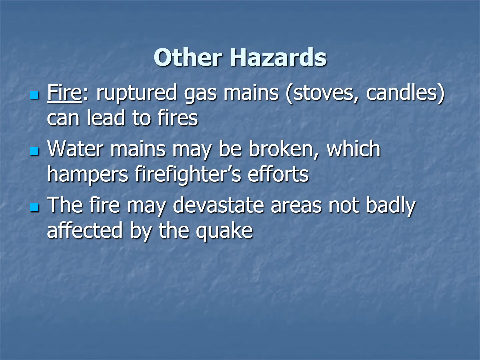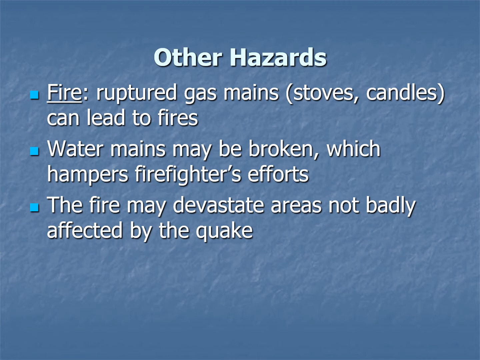Okay, so we're still on this topic of hazards other than just the ground shaking. Fire. So one of the problems here, and this happened in the 1906 San Francisco earthquake, is that you're going to have gas mains rupture, okay? Or just simply that somebody's gas stove ruptures, or somebody lights a candle because it's night and the electric's out, but then the aftershock knocks the candle over.